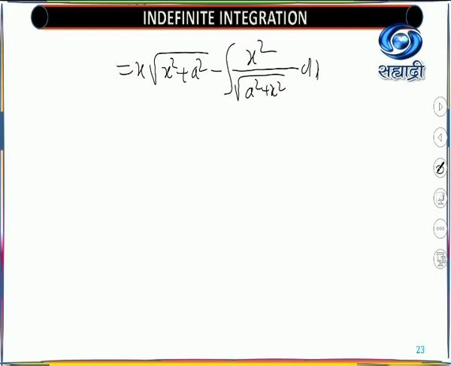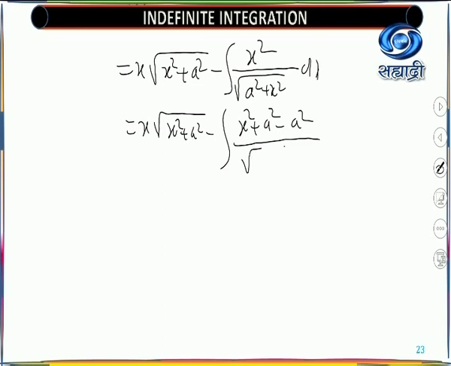Now you need to add and subtract a square. So you will get x into root of x square plus a square, minus the integral of x square plus a square minus a square upon root of a square plus x square dx. Now we'll separate the terms.